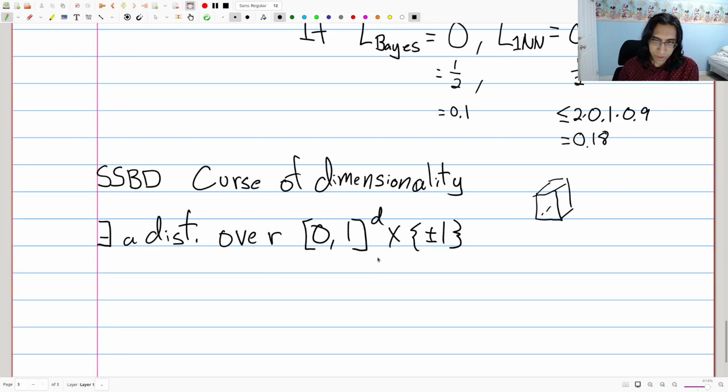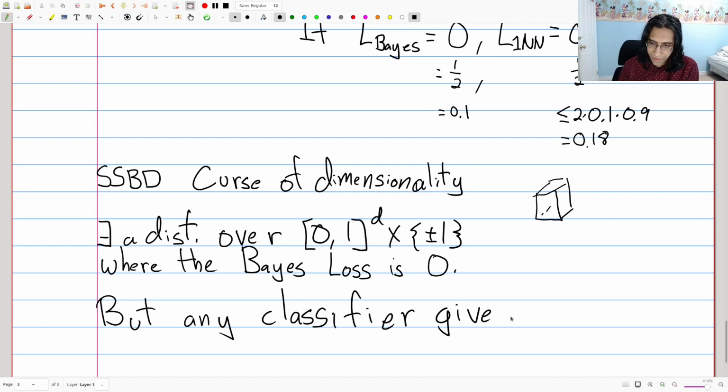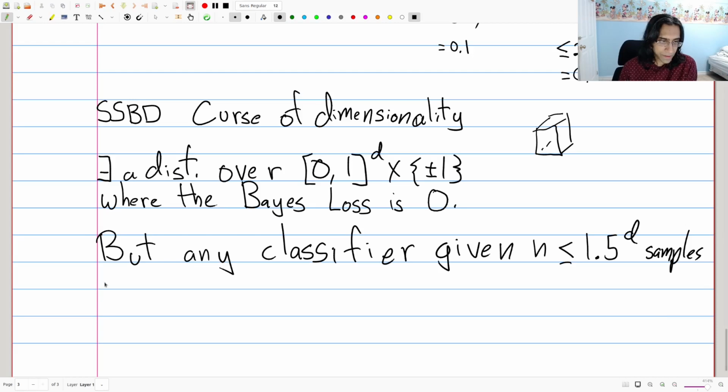So suppose there exists some distribution over this where the Bayes error is 0, but any classifier given n less than or equal to, say, 1.5^d samples has error which is, say, greater than or equal to 1/4.